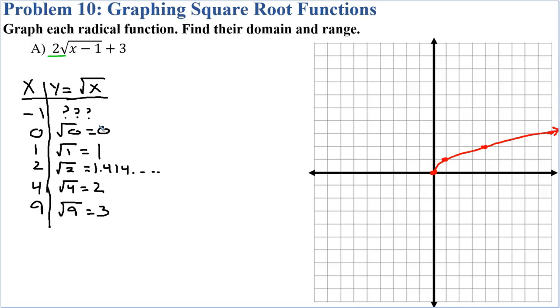The first thing we'll do is take care of that times 2. Now if I take this function and multiply by 2, what that's going to do is essentially stretch it by a factor of 2. So we'll just take each of these points in red and double their y values. 0 times 2 is just a 0 still, so nothing changes there. 1 times 2 is a 2, 2 times 2 is a 4, and 3 times 2 is a 6.